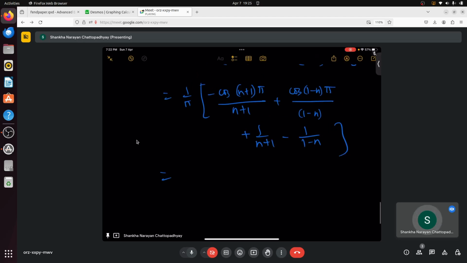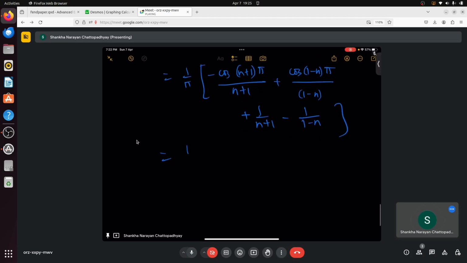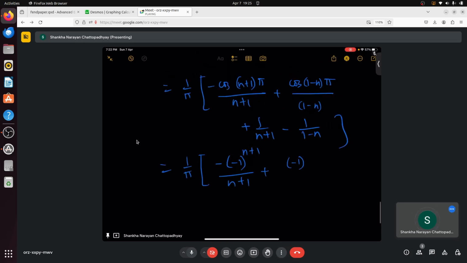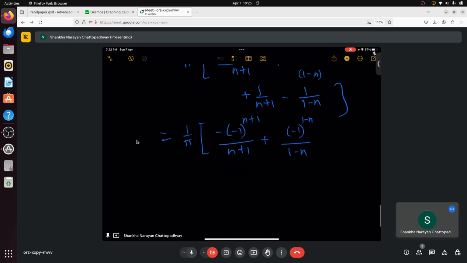Now this cos (n plus 1)pi is equal to 1 by pi, minus of (minus 1) to the power n plus 1 by n plus 1, and this is equal to plus (minus 1) to the power n plus 1 by 1 minus n, plus 1 by n plus 1 minus 1 by 1 minus n.